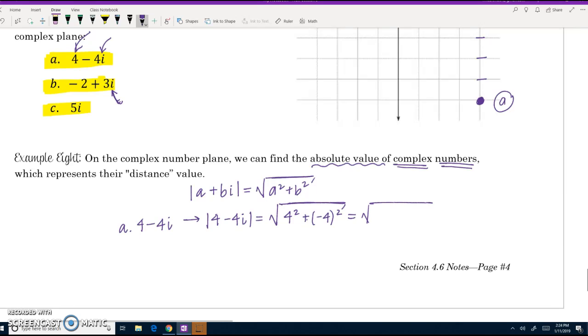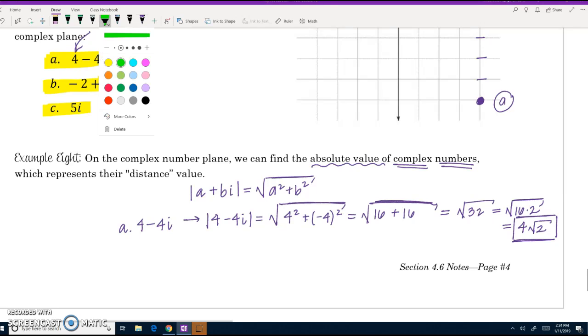So I take 4 and square it, that'll be 16. -4 squared is also 16. So this becomes the square root of 32. But then just like before, we want to simplify this to 16 times 2. The square root of 16 will simplify to 4, and so we'll have 4 times the square root of 2. So that's our final answer for the absolute value of that complex number.